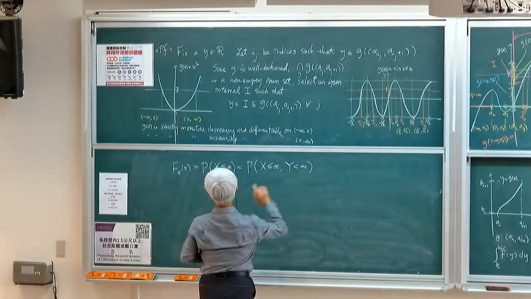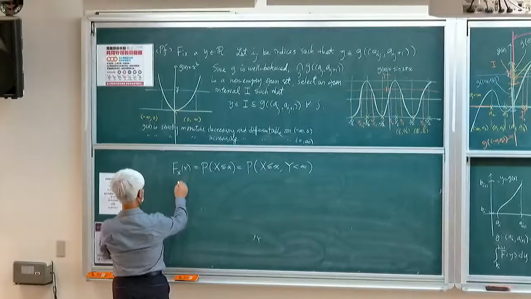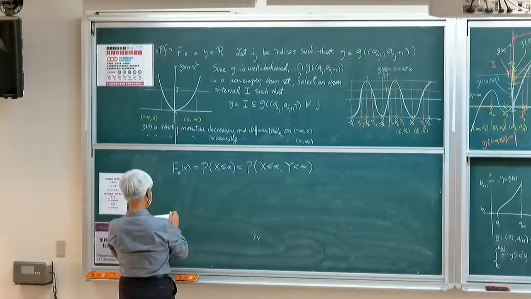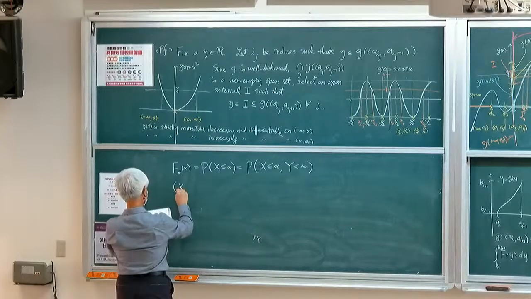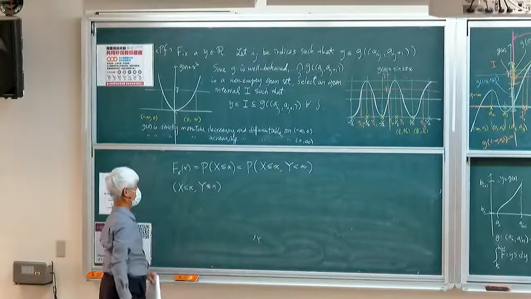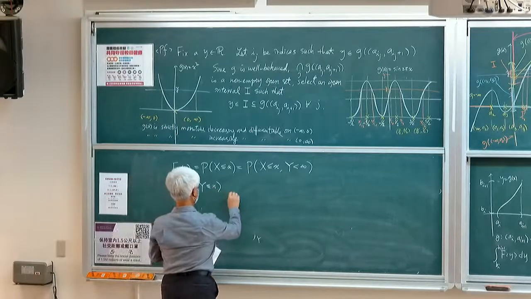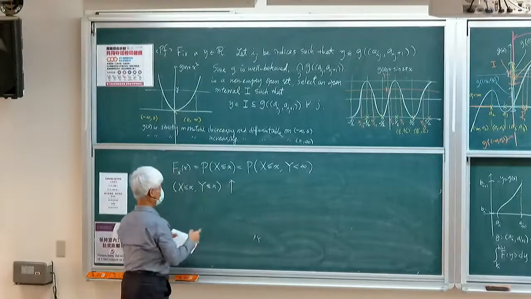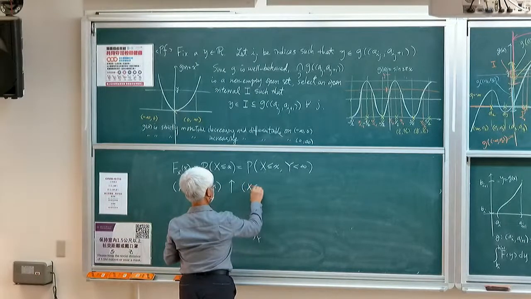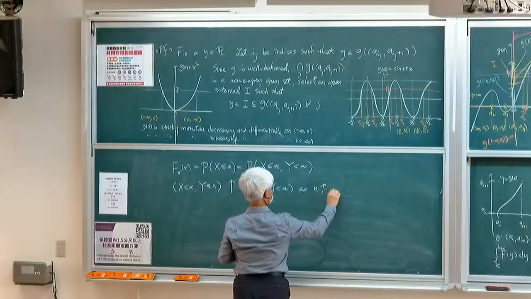So this is the first observation. Now, for each positive integer n, this joint event will go up as n goes to infinity, right?